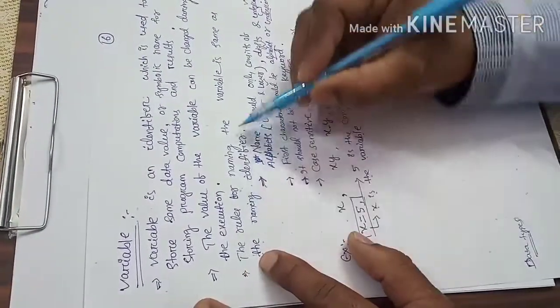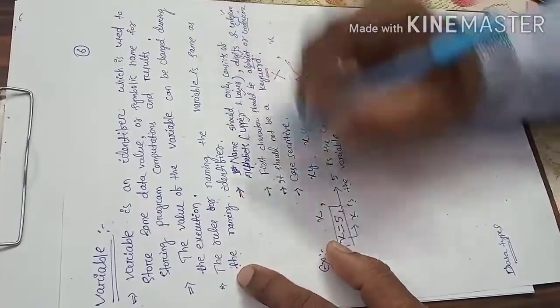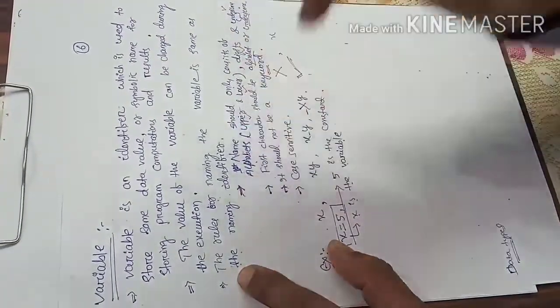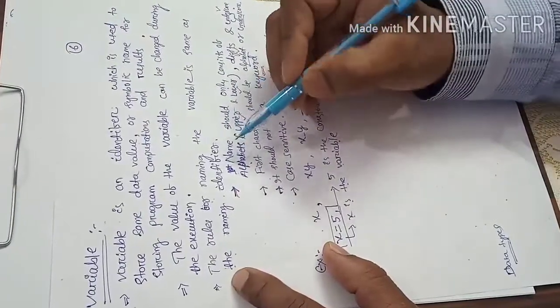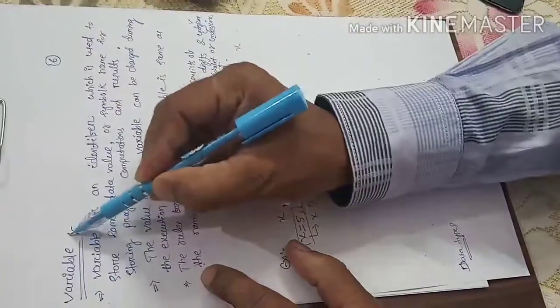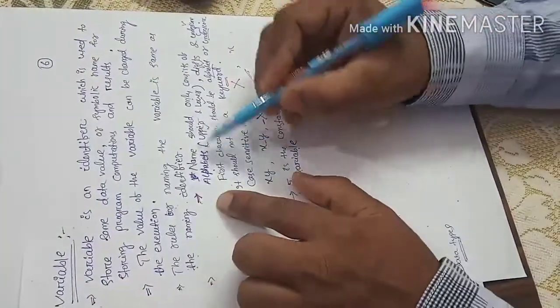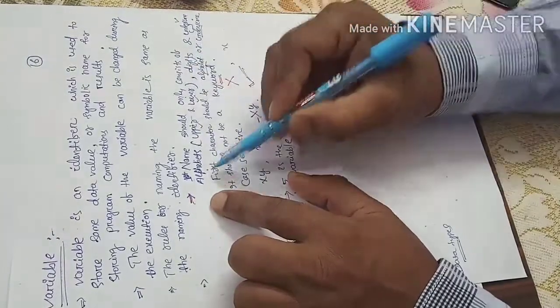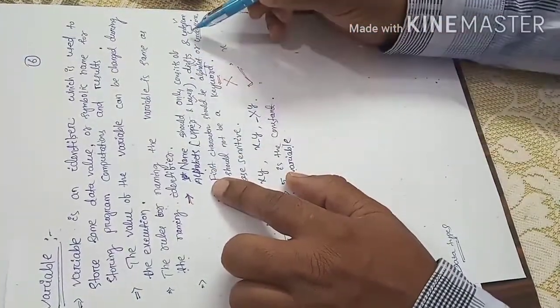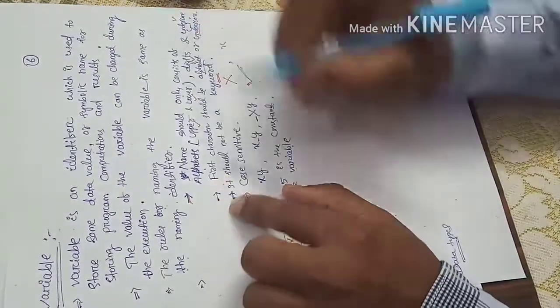So the rules for naming variables are the same as for naming identifiers. As we are naming the identifiers, to name a variable also we have the same rules. That is, the name should consist of alphabets, digits and underscore.